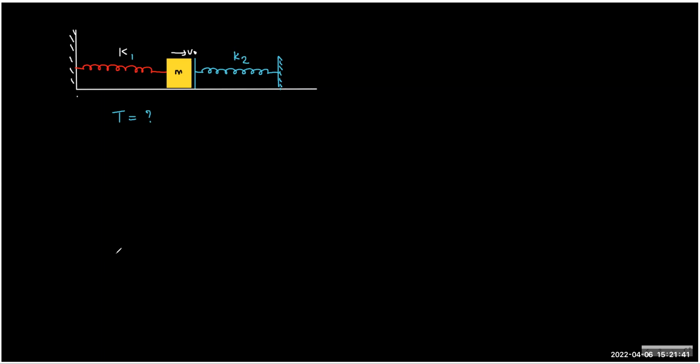Is it pi times the bracket of root m divided by k1 plus k2, plus 2 times root m by k1? Why 2 times? It is again half only. So you go towards the right, sorry, half, and then both the springs are in action. So the formula becomes this much. Your half journey is with both springs and the other half journey is with only K1. Understood?